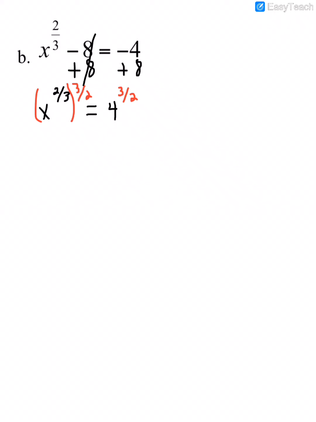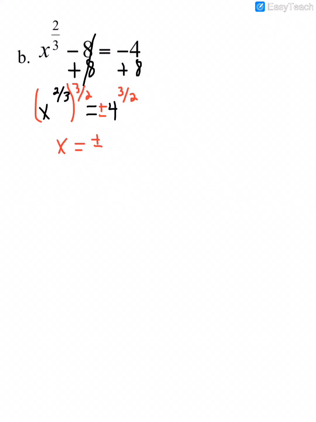Now this time, the power that I raised it to is 3/2. My denominator is even, so I need to put plus or minus in front of my number. On the side where the x is, those powers cancel out or change to a 1, so all that's left is x equals plus or minus. Now let me change this to a radical so I can see if I can simplify this.